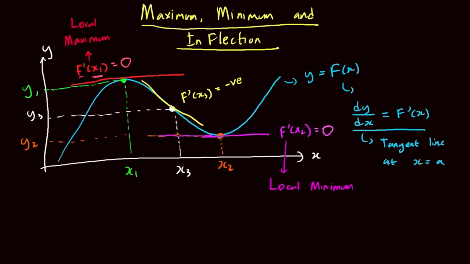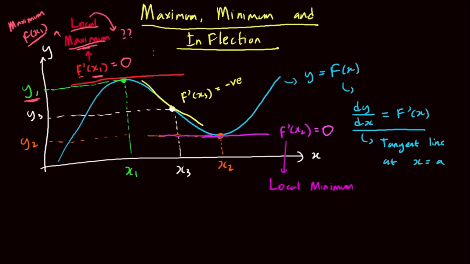When this point is a local maximum, it will generate the maximum value, meaning f(x1) will generate a maximum value. So y1 is the largest value in the function itself. But I put the word local because there might be other maximums.